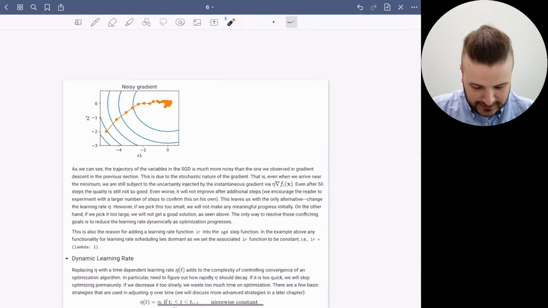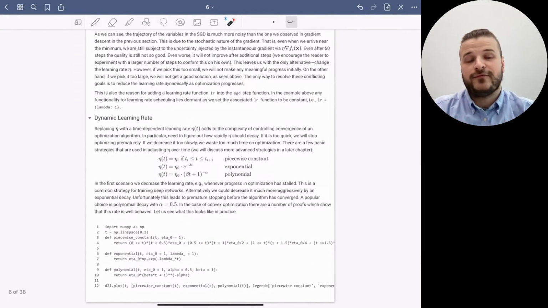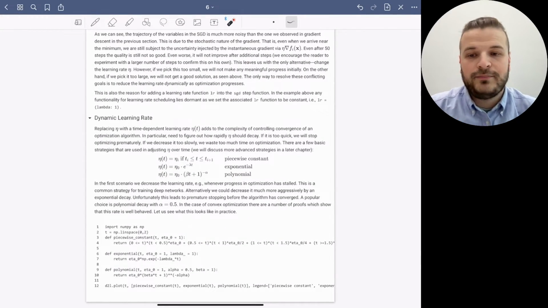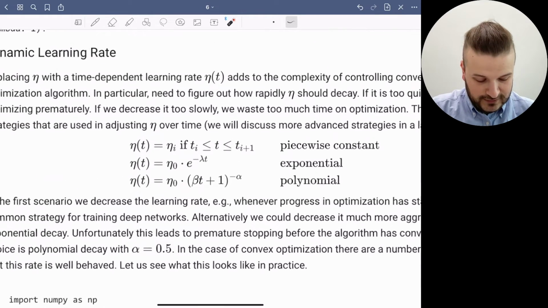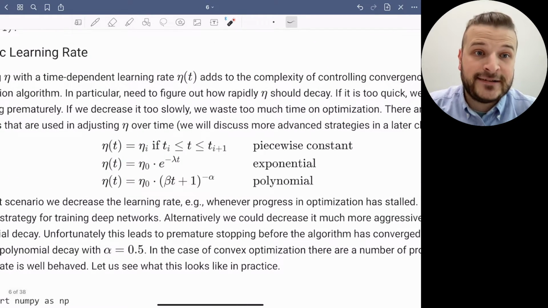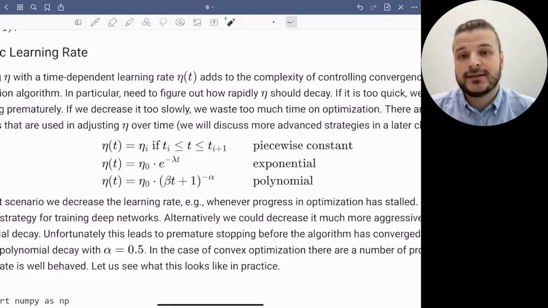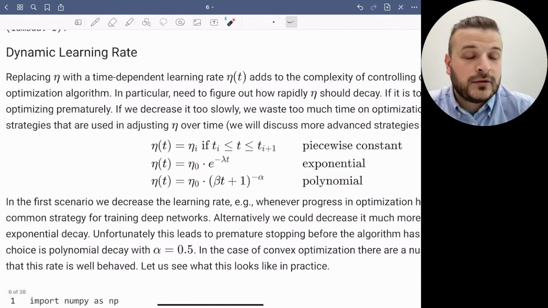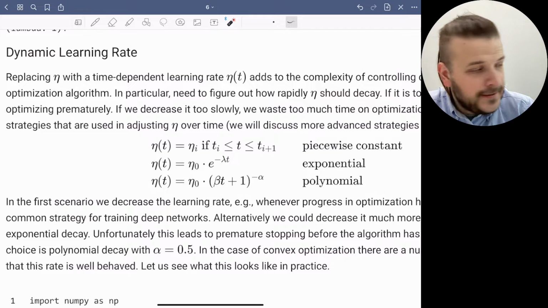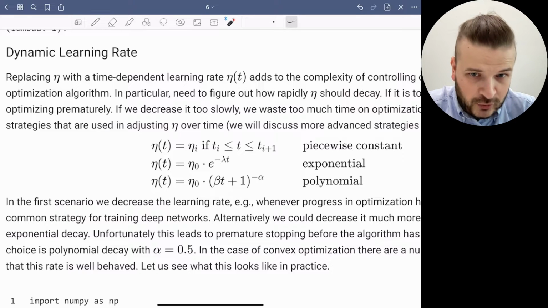And for these reasons, people often use learning rate schedulers, which means that our learning rate is not constant, but some decaying function, for example, piecewise constant, exponential or polynomial.